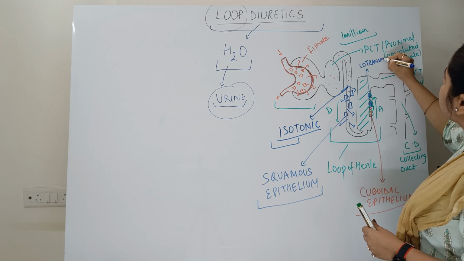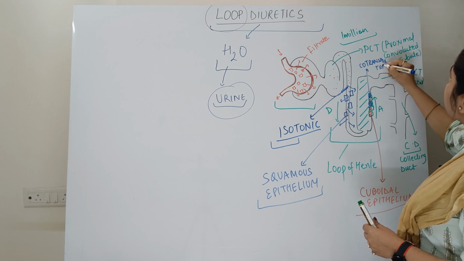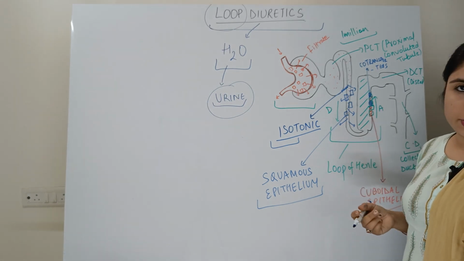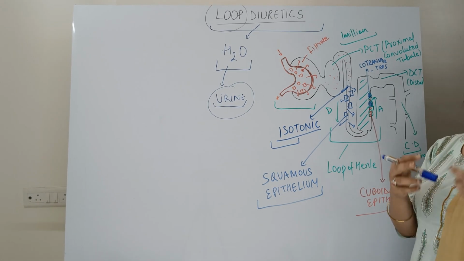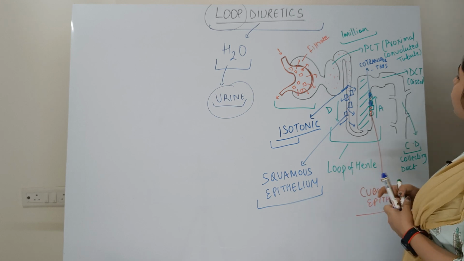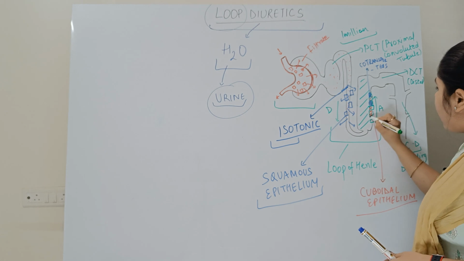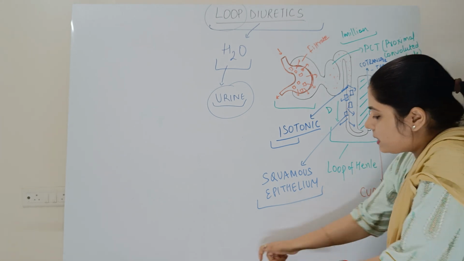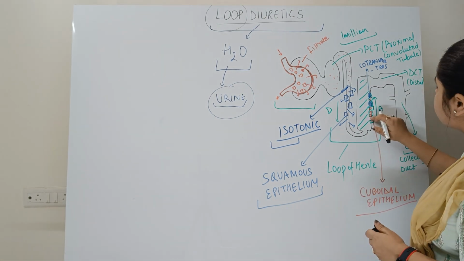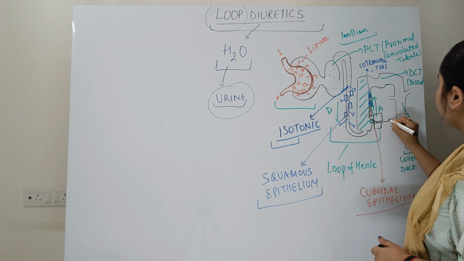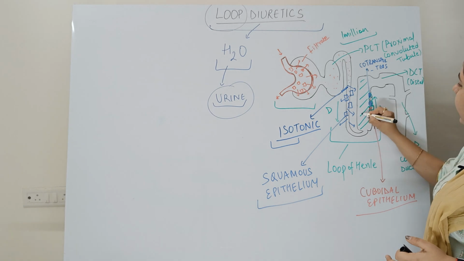These co-transporters allow the exchange of ions like sodium, potassium and chloride, also calcium and magnesium, through the paracellular spaces. So they are tightly packed, but they do have paracellular spaces, and through these paracellular spaces the ions can easily exchange.